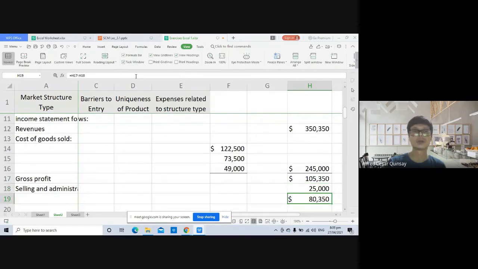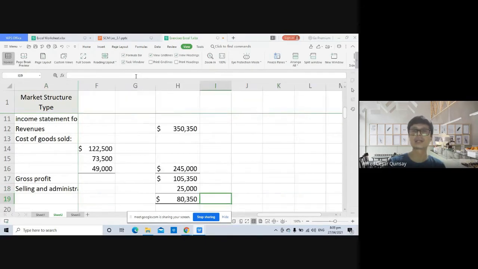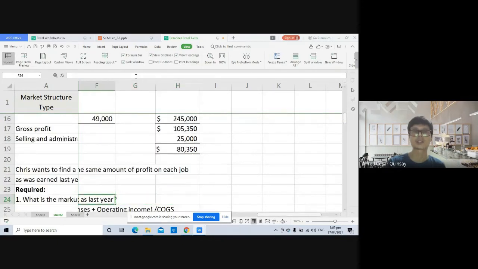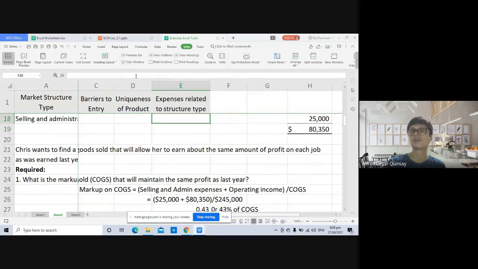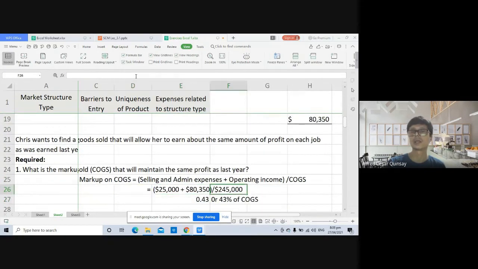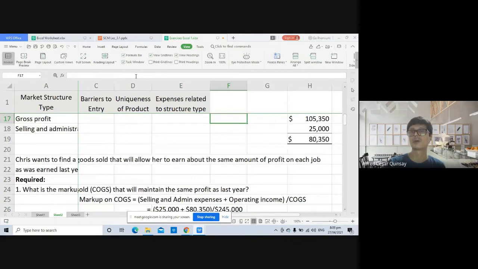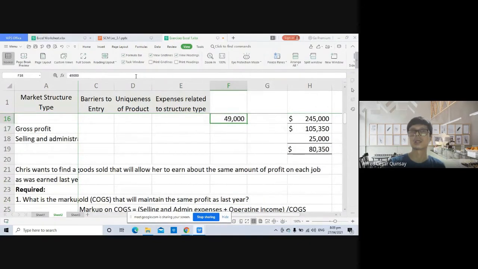Ito, yung operating income plus yung selling and admin equals yung gross profit if you work backwards, no? Okay, so ito yung lalabas niya, no? So, 25,000 plus 80,350. So, divide this by 245,000. Okay?